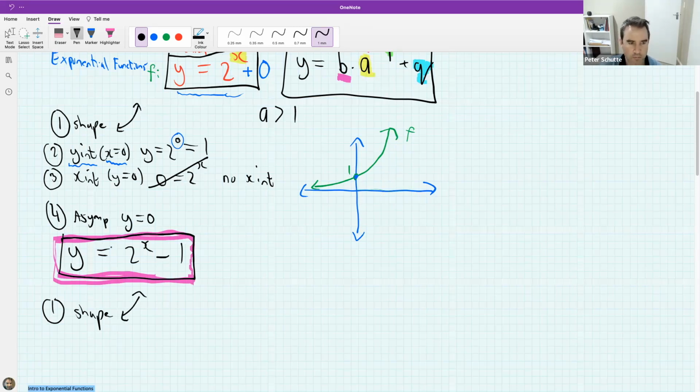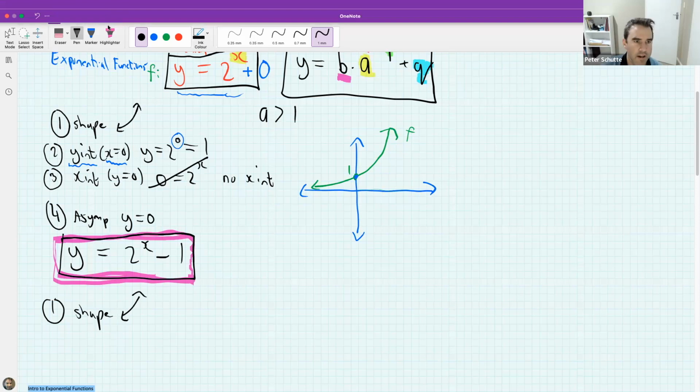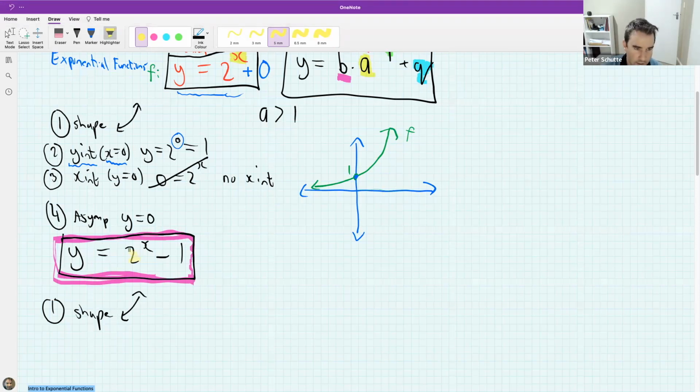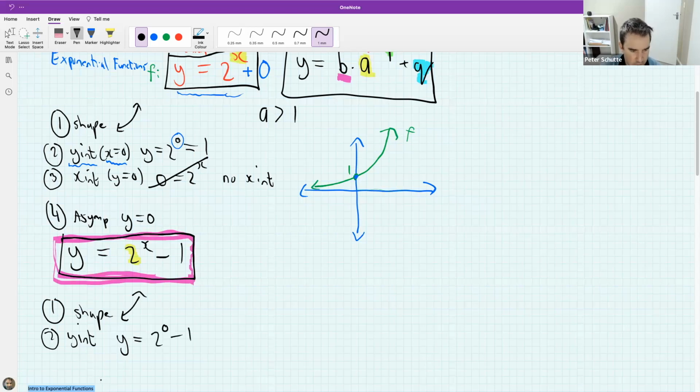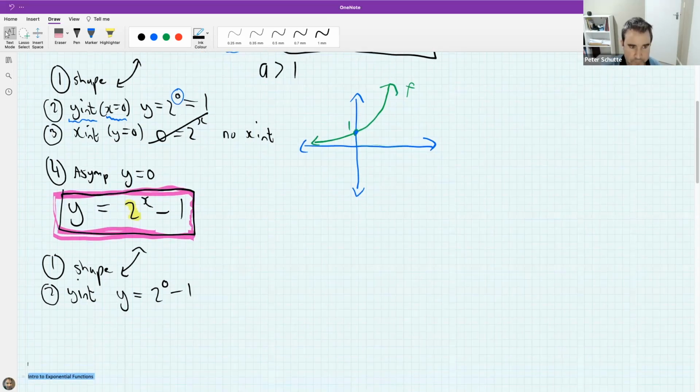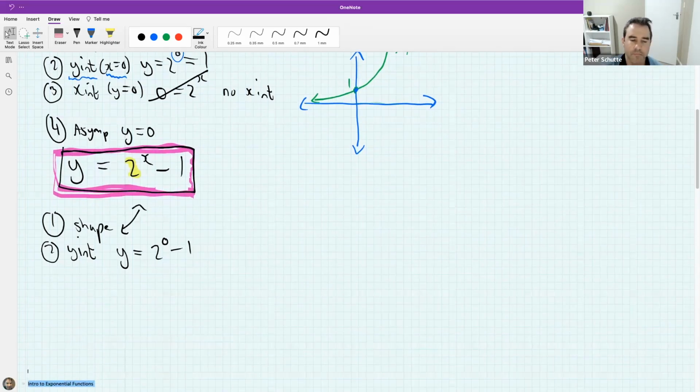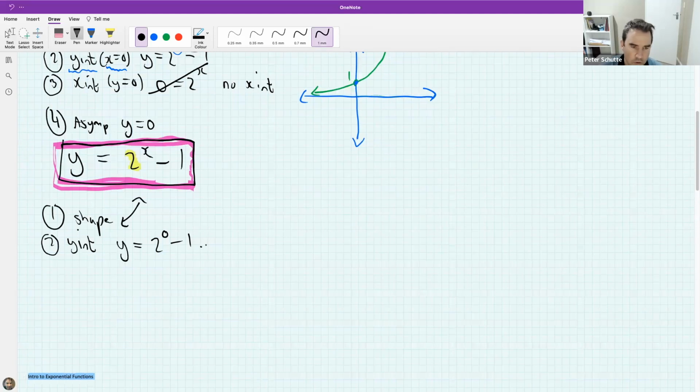It feels like it's increasing because I have a value that is greater than 1. And where there's an x, I put a 0, which gives me 1 minus 1, which gives me 0.